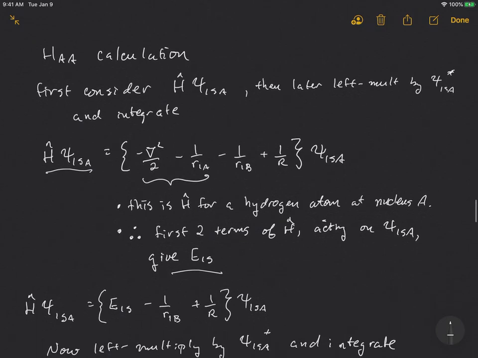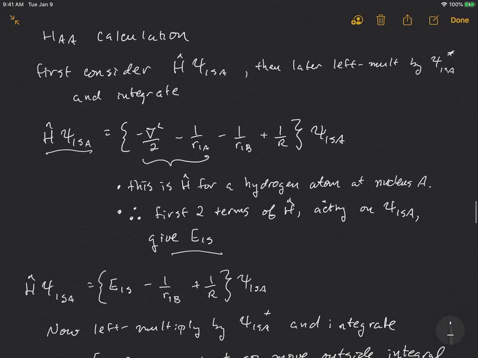So this simplifies our Hamiltonian a little bit. We're going to get this E1s minus 1 over R1B plus 1 over R, all within brackets, to the left of our wave function, to the right, which is psi 1sA.